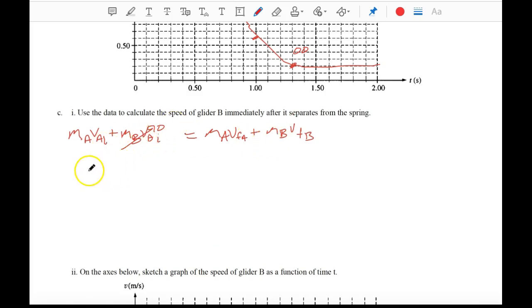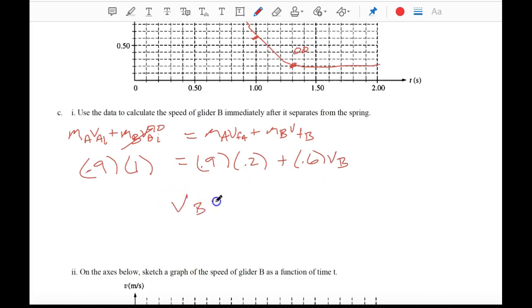We know that this is 0. We've got 0.9 times 1 meter per second is equal to 0.9 times 0.2 meters per second plus, and then 0.6 kilograms for B times B's final speed. From this, we can just solve for VB, and you'll end up with 1.2 meters per second.